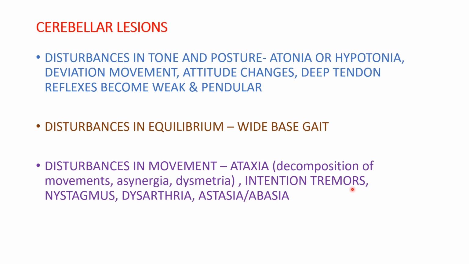Then intention tremors. These tremors are not present when the person is at rest. They appear when the movements are started, and at the end of the movement. For example, when a person is trying to catch a cup, the tremor appears at the end of the movement, when the hand is approaching the object.